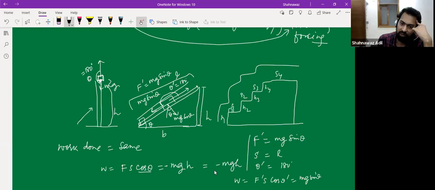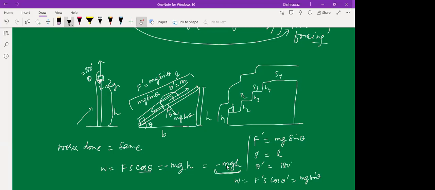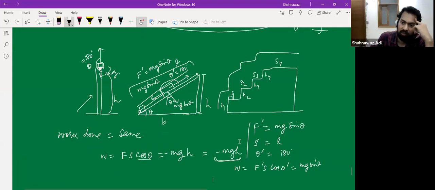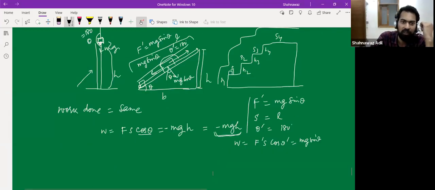Our guess is that it should come out the same, because it doesn't depend on path, right, guys? Yes, sir. So this is our aim. So this is mg sin theta, this is L, and this is minus, so this is minus mg sin theta L.